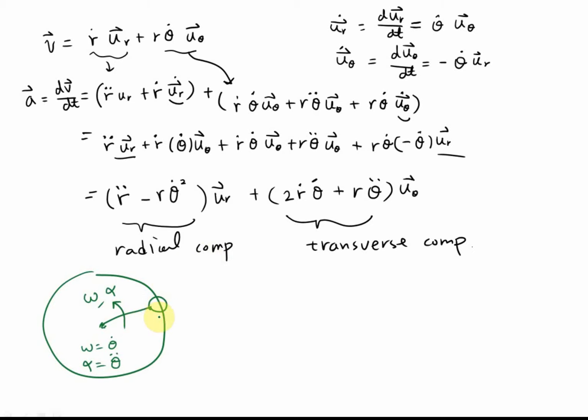Since this is circular motion, r does not change. That means these terms will all be 0. So in this case, the acceleration should be negative r omega squared u_r plus r alpha u_theta, right?